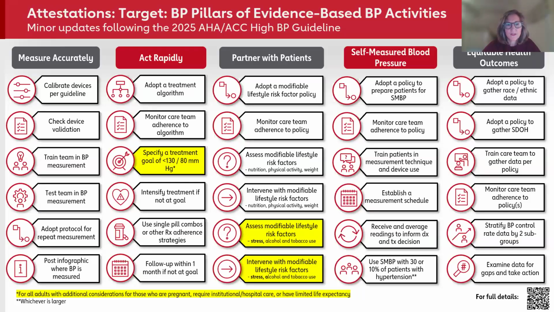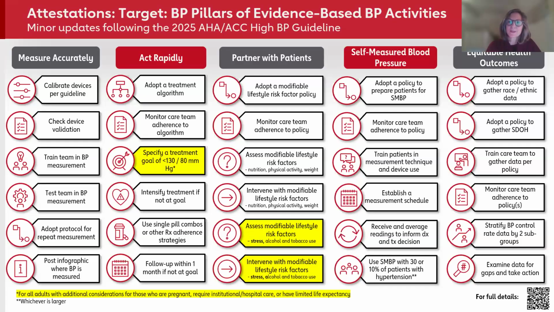Those attestation questions are essentially the same, and I just want to highlight a few little tweaks that were driven by the advent of the 2025 AHA/ACC high blood pressure guideline. So in the Act Rapidly pillar, you can see the third attestation question down asks, in the context of your treatment algorithm, do you specify a treatment goal of less than 130 over 80 millimeters of mercury?